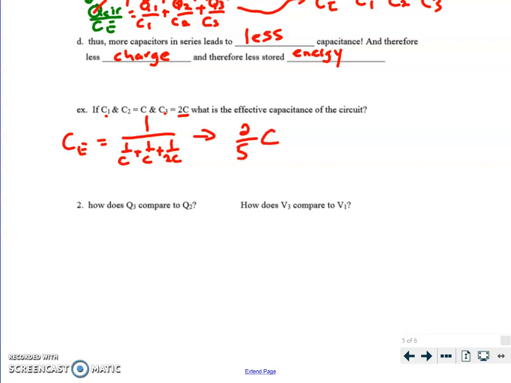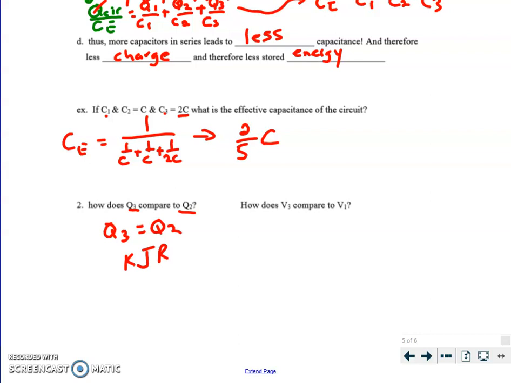So overall capacitance has dropped by putting them in series. How does the charge on 3 compare to 2? So 3 has twice the capacitance as 2. You'd be tempted to say that it would have twice the charge, but that's not the case. They have to equal each other, again, by the junction rule, the law of conservation of charge.